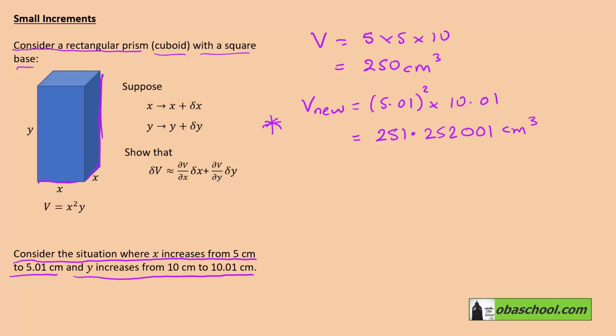Now let's try that using our increments formula. So delta V would be, in this case, remember, 2xy delta x plus x squared delta y. So that is going to be 2 times 5 times 10 times 0.01 plus 5 squared times 0.01.